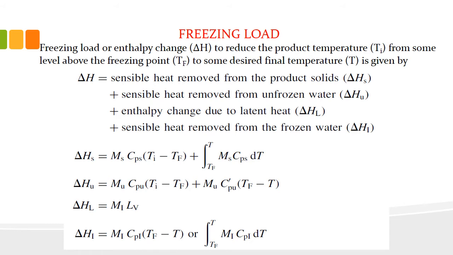After reaching Tf, then this water gets converted into ice. Then after completion of freezing, you have to reduce the temperature from Tf to T. So mass of solids, here also the specific heat will change from Tf to T. The specific heat and temperature difference, that is Tf to T. So by integration you can determine, or simply you can say Ms Cps into Tf minus T. In this way also you can find the sensible heat removed from the product solids.